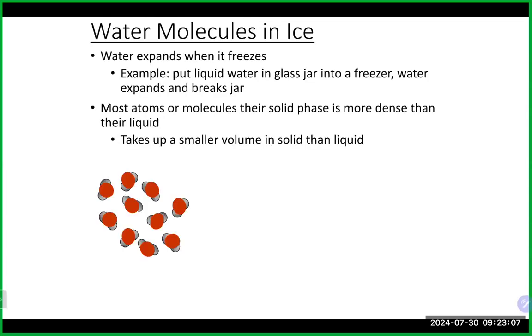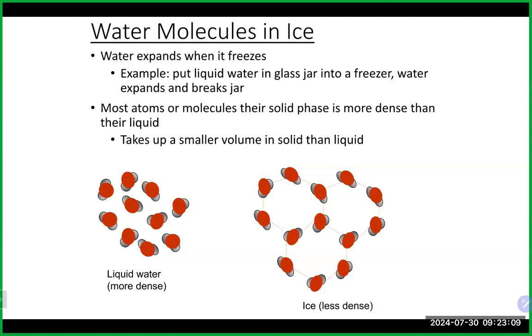Now, as water gets into the solid phase, it does expand. And maybe you've done this before. It's very common, right? You throw something in the freezer to cool it down and forget you put it in there, like a water bottle or a can of soda. You come back later and all of a sudden your can of soda is wobbly because the bottom of it is expanding out.